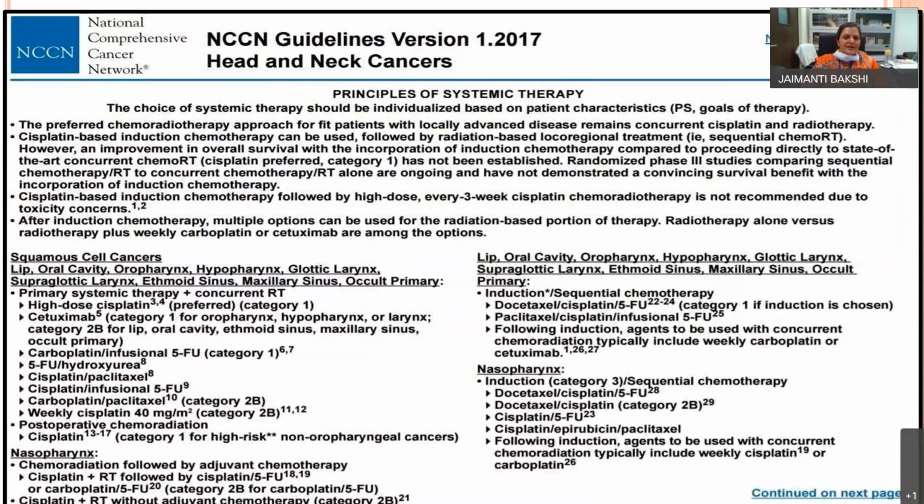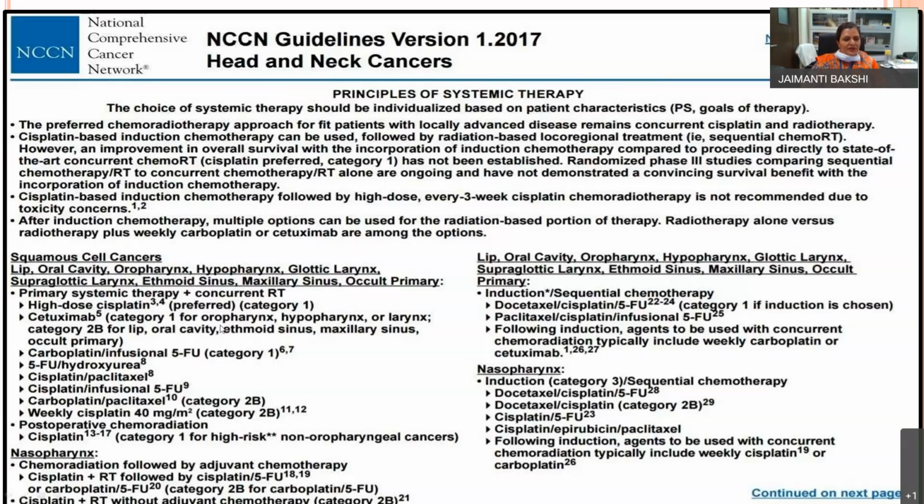These are the NCCN guidelines for treatment of head and neck cancers, which have been published in 2017. And NCCN guidelines recommend various types of systemic therapy. These are the principles of systemic therapy. So the most commonly used systemic therapy for head and neck cancers is cisplatin as a category 1 drug, and it can be combined with radiotherapy as concurrent chemoradiotherapy.